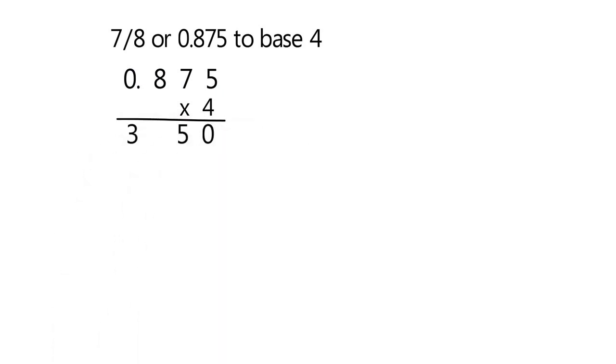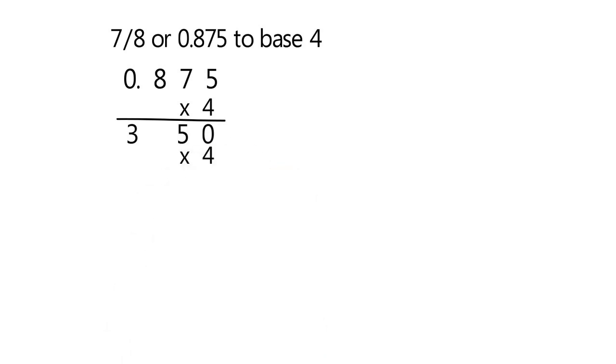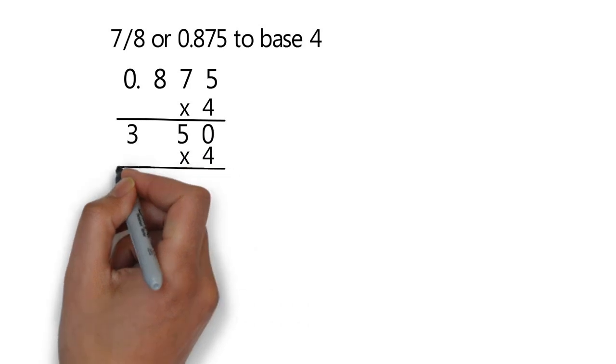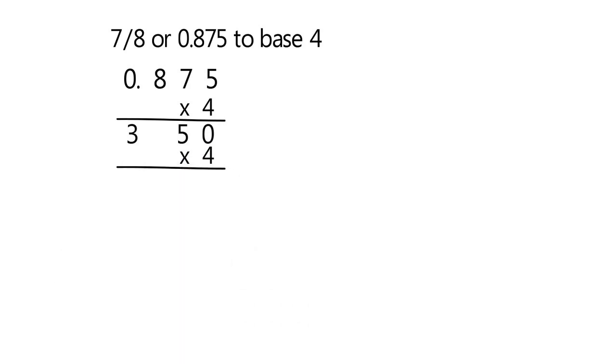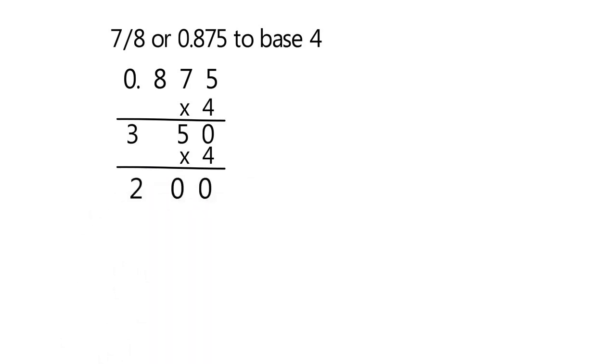So I have 3.50. So I put my 3 separate and I put my 50 separate. So I multiply my 4 by 50 again. I get 2.00, but I won't put my dots. I separate my 2 from 00. So since we have 00 here, if I multiply by 4 now, I get 00, so I stop.